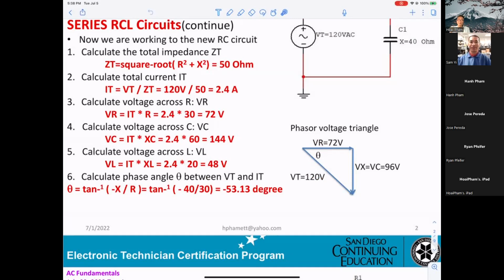So from number 1 to number 6, any question on the series RCL? The only difference will be you have to convert it to either an RC circuit or an RL circuit, depending on which reactance will be bigger.